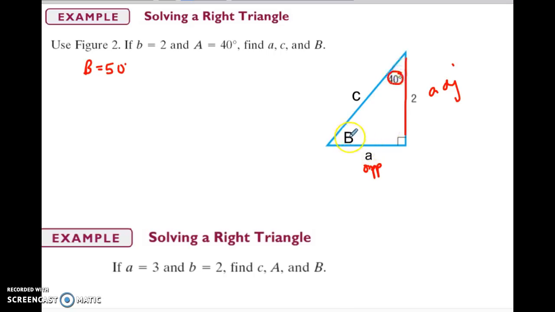If you focus on the 50, which is my angle B, then the 2 would have actually been the opposite side and A would have been the adjacent side. But regardless, C is the hypotenuse. So from here, I could say that tangent of 40 equals A over 2.